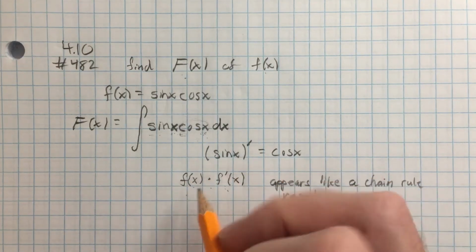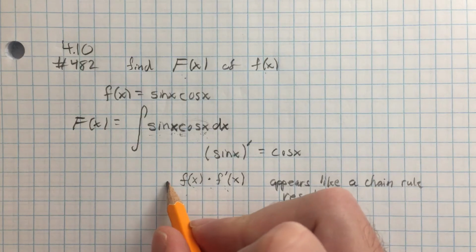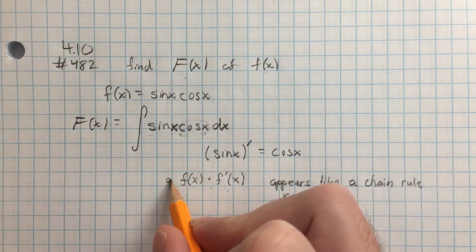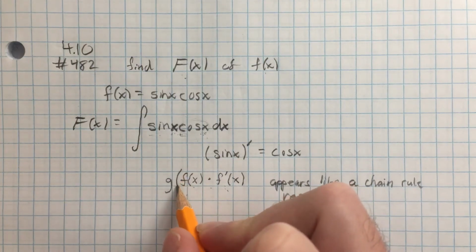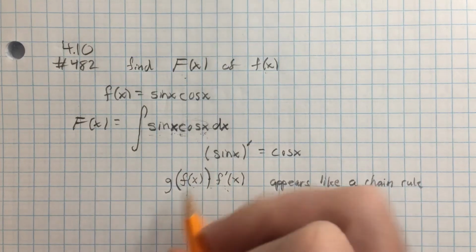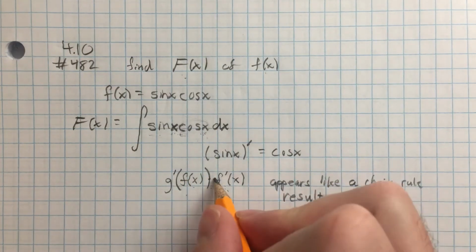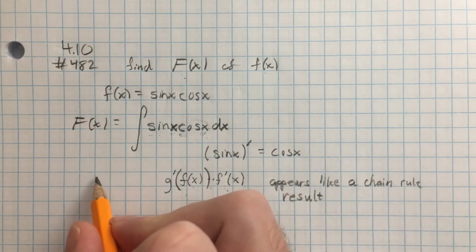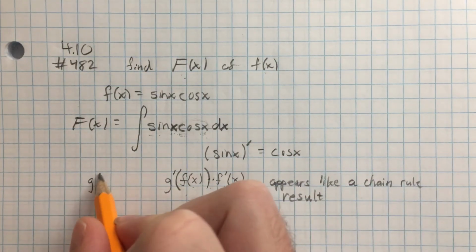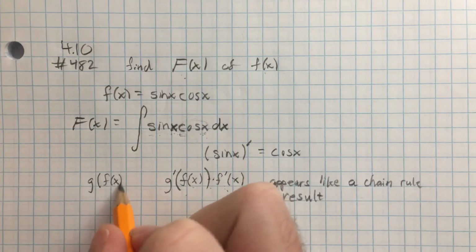So let's imagine for a moment you had another function, g, encompassing this one, g prime. This would be exactly what the chain rule is, for some function g of f.